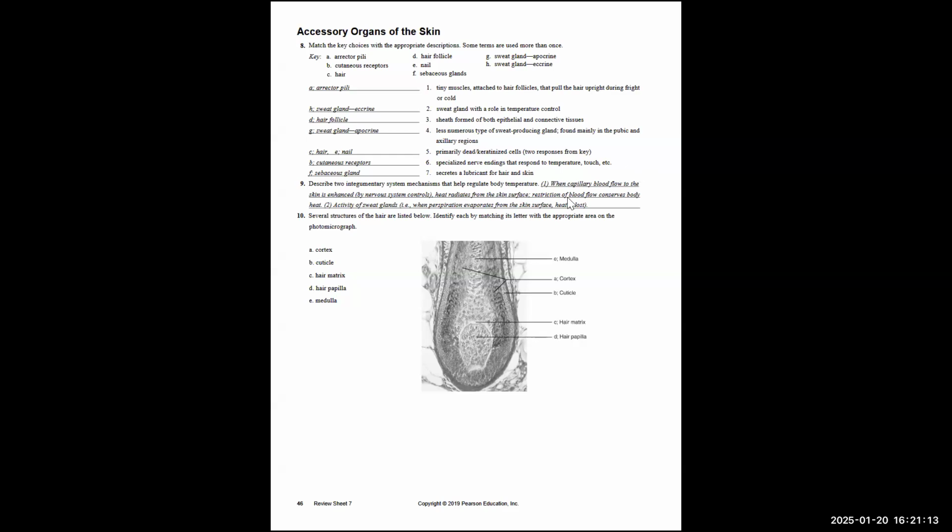The flip side is restriction of blood flow conserves body heat, so that blood goes deeper into our internal body. 2, activity of our sweat glands. When perspiration evaporates from the skin, heat from our surface is lost.